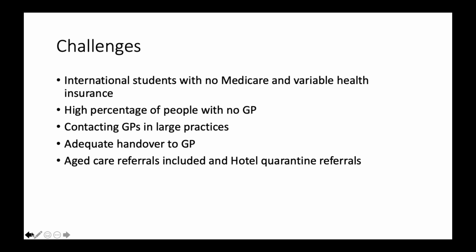We're trying to feed a patient into a particular GP, but in fact, we really probably need to talk to the whole practice. I think our handover to GPs has at times not been as good as it could have been, and we're working on processes to improve that, especially with comments from GPs who've participated.